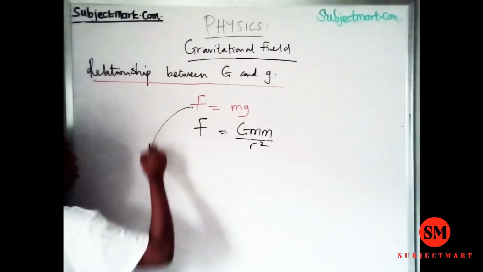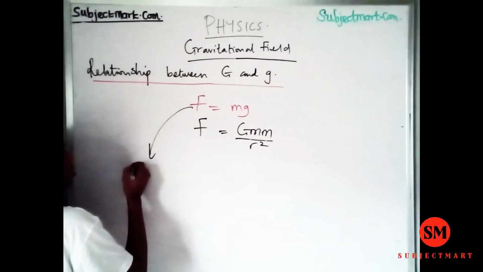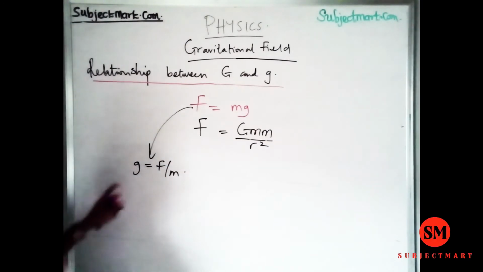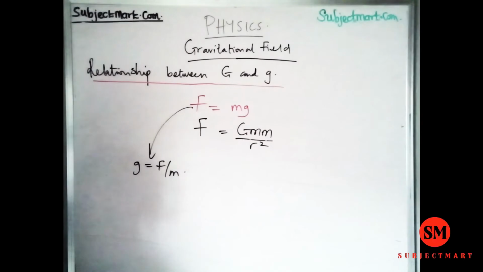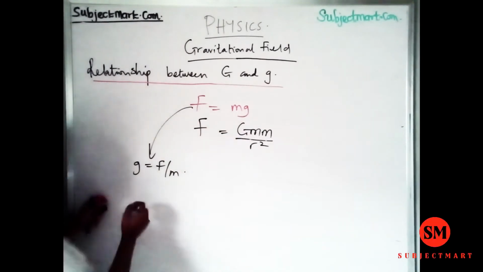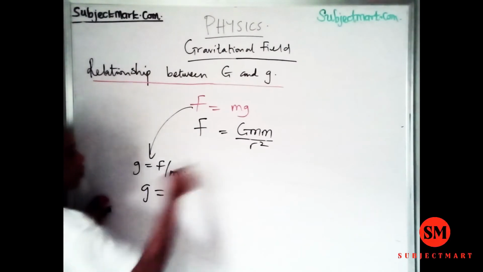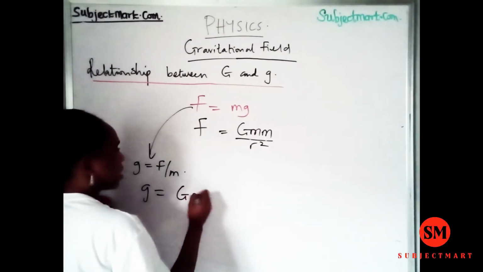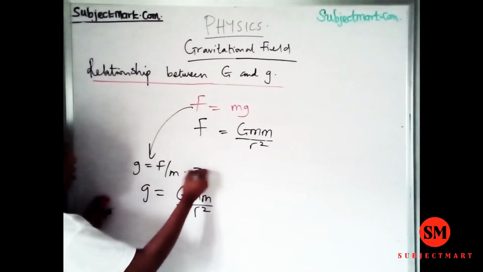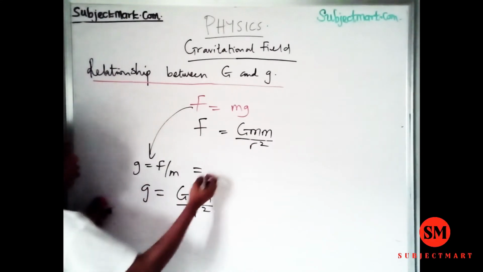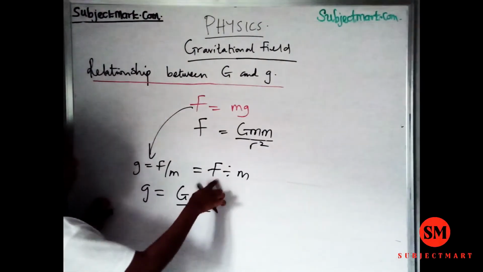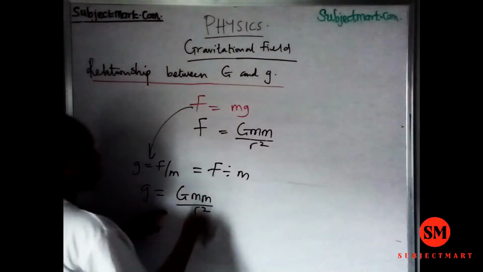So g is equal to F over m. I want to believe you understand how I did that. I made g the subject of the formula. So my F here is G m1 m2 over r squared, and g is equal to F divided by m.